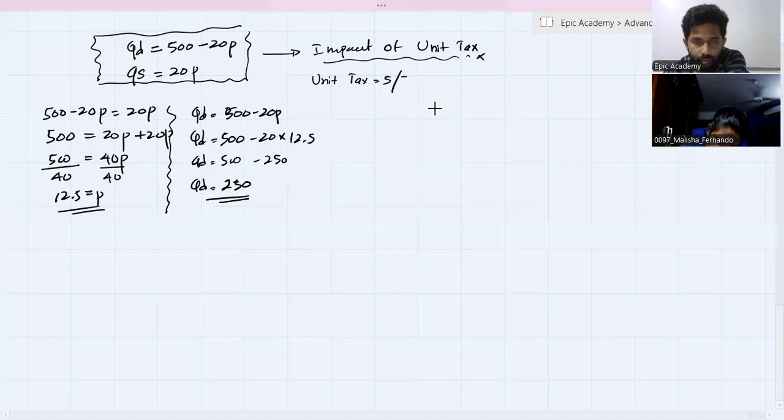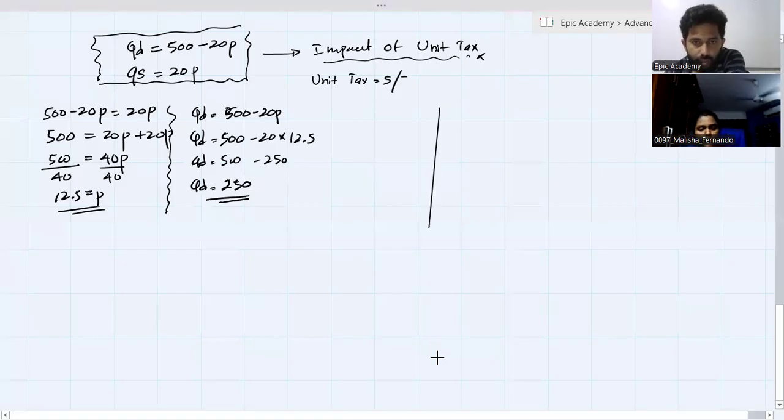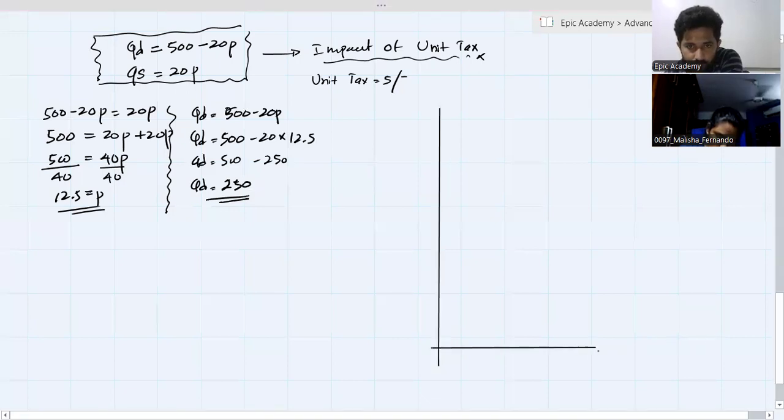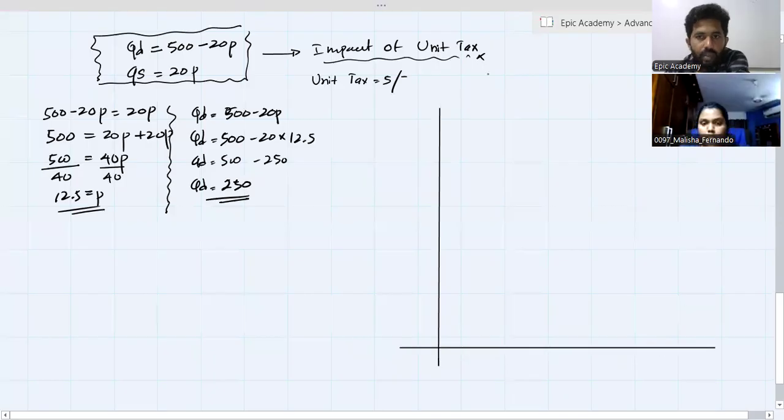Just draw the graph related to these calculations. This is the price axis. This is the Q axis.